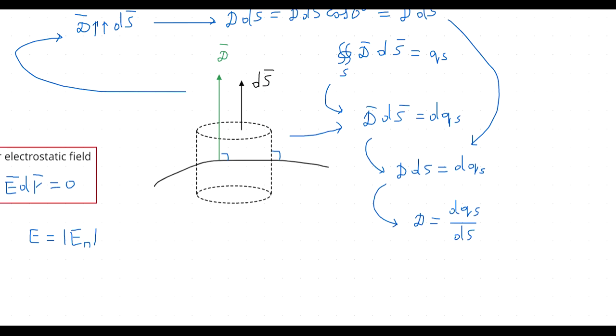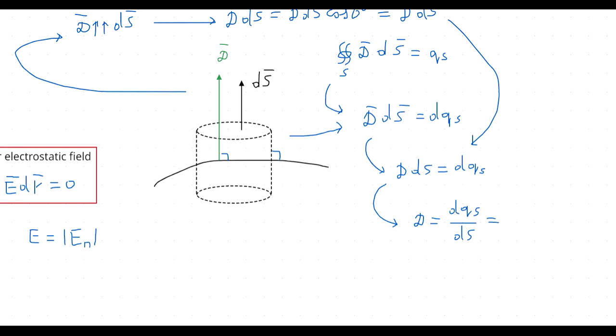And this is equal to the surface density of electric charge, because charge divided by area is surface density.